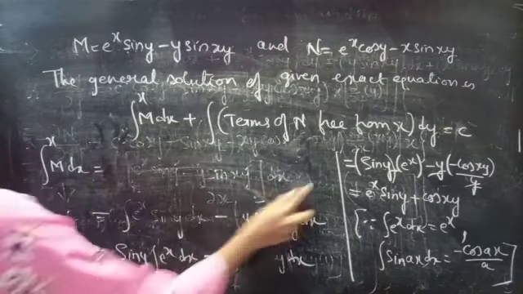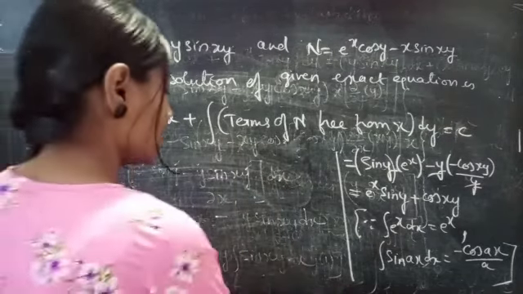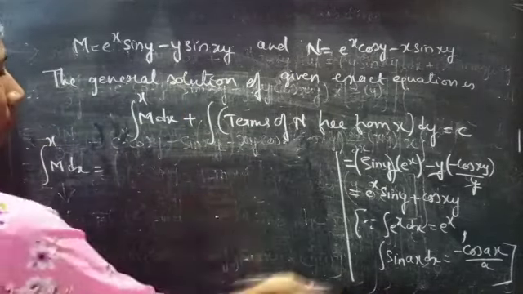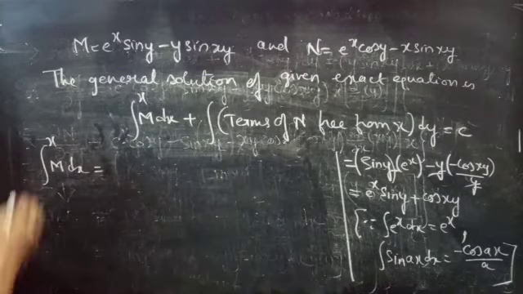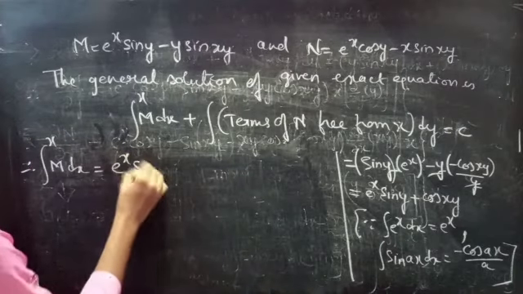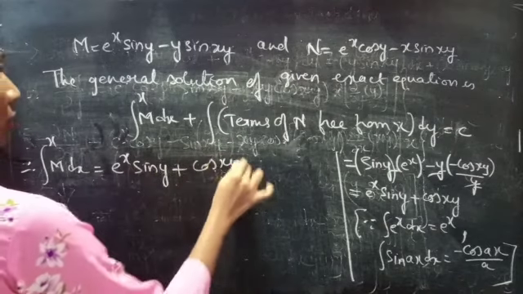So therefore the integral over x of M dx is e^x sin y plus cos xy.